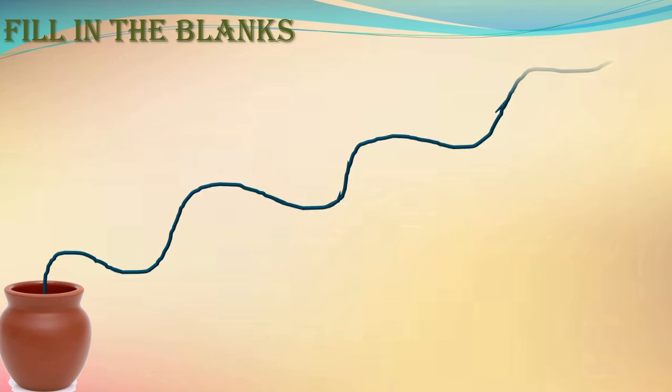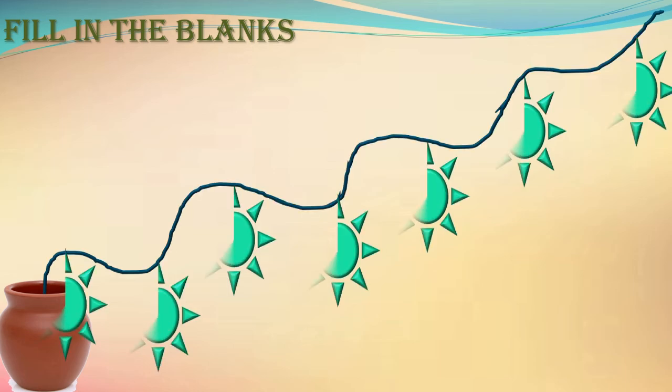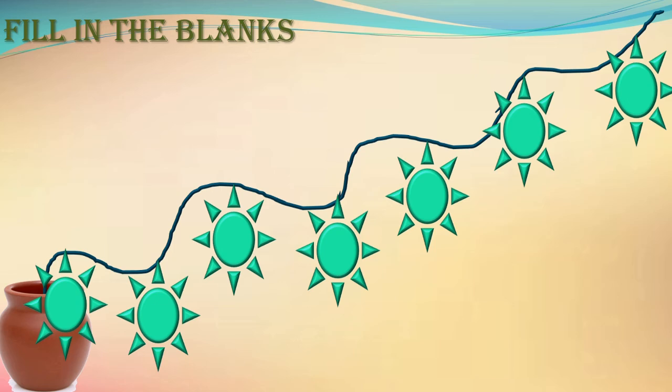Fill in the blanks. Okay. One design is there. See here. And it is having some numbers, that is 91, 95 and 97. And the rest all we have to fill. Yes, dear children. After 91, when we add one more to 91, we get 92.